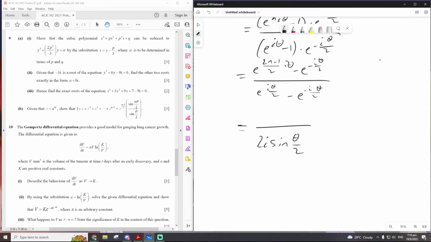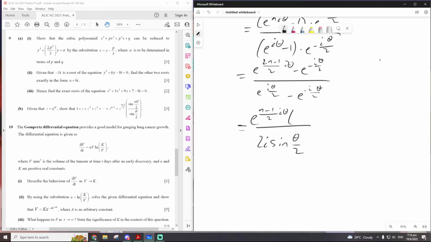What about the top part? I'm actually going to factor out something from the top. Here's how I'm going to write it: e to the power n minus 1 divided by 2 i theta. I think so, because then I will get n over 2, right?